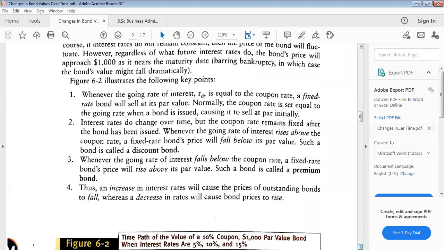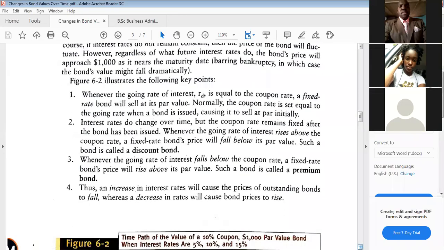Now, interest rates do change over time, but the coupon rate remains fixed after the bond has been issued. And if the going rate of interest rises above the coupon rate, a fixed rate bond's price will fall below its par value.